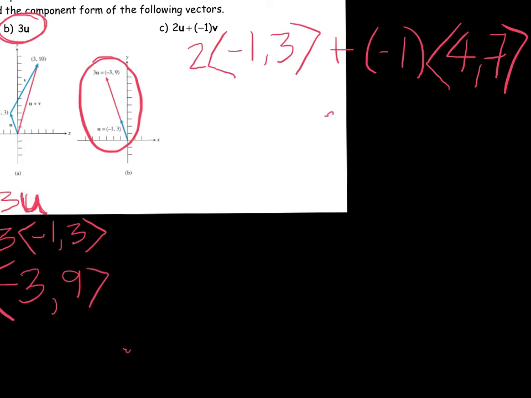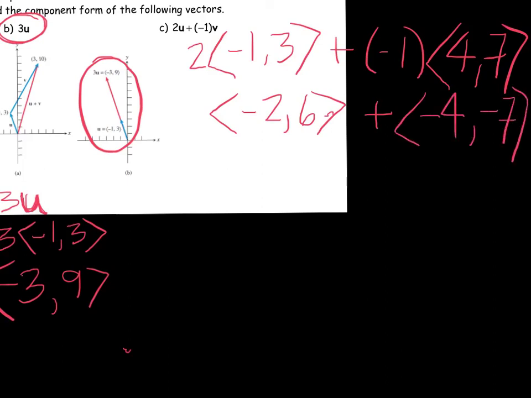So I'm going to make vector u 2 times bigger, so I'm going to have -2, 6, and I'm going to add it to vector v that I've changed the direction of. It's going to be -4, -7.